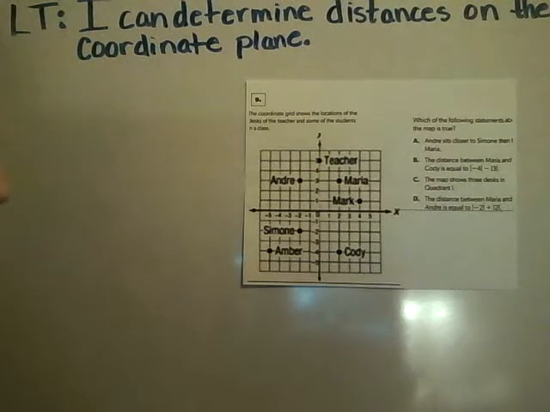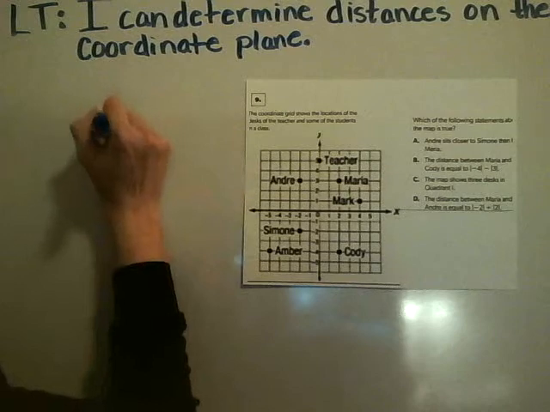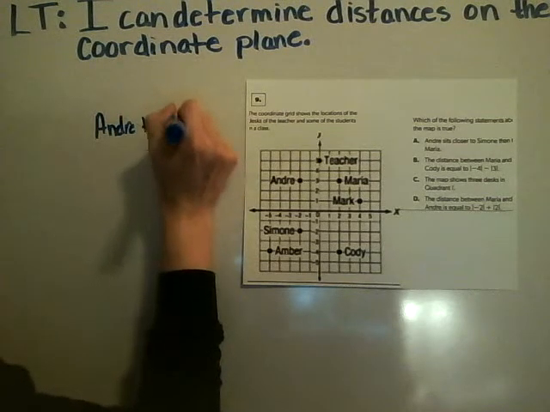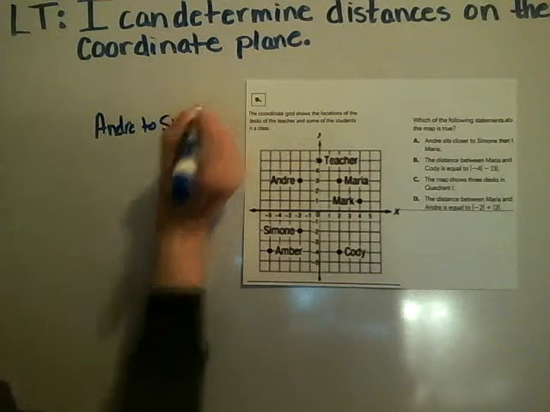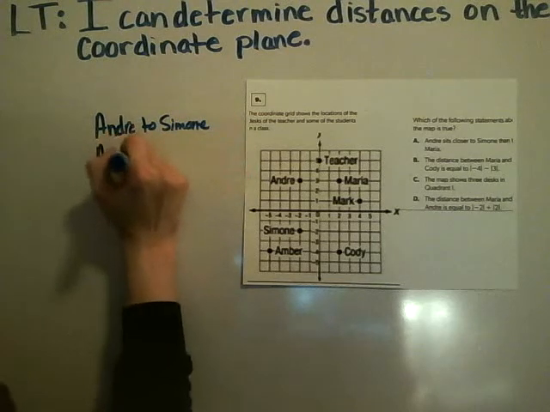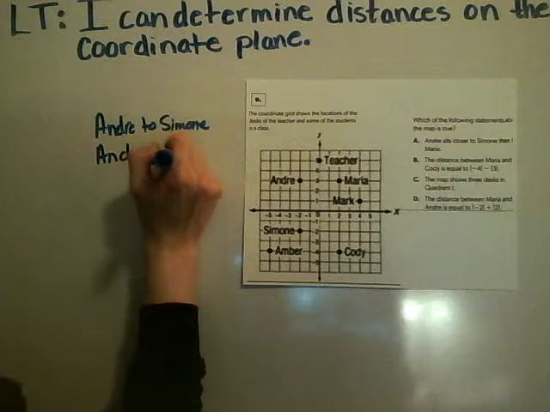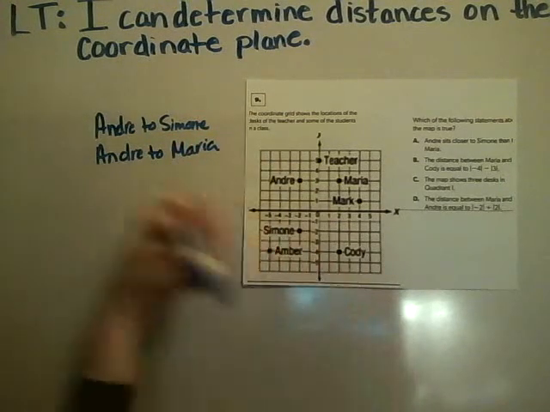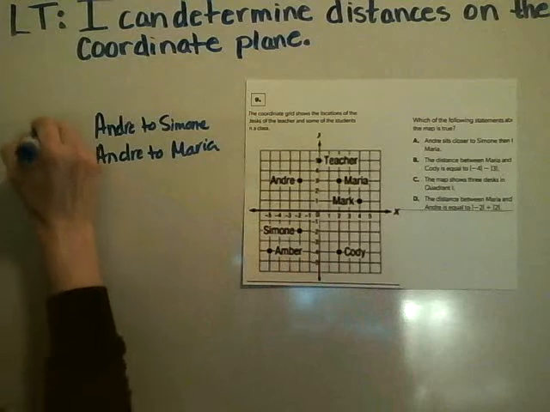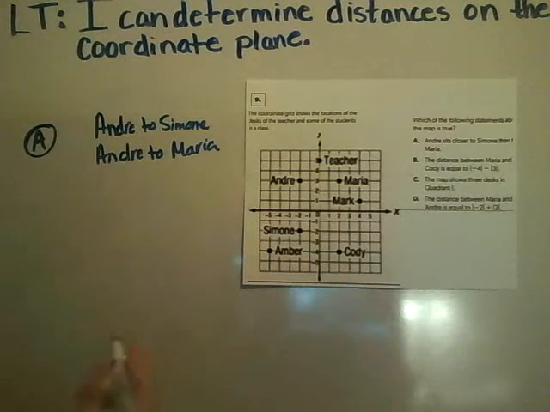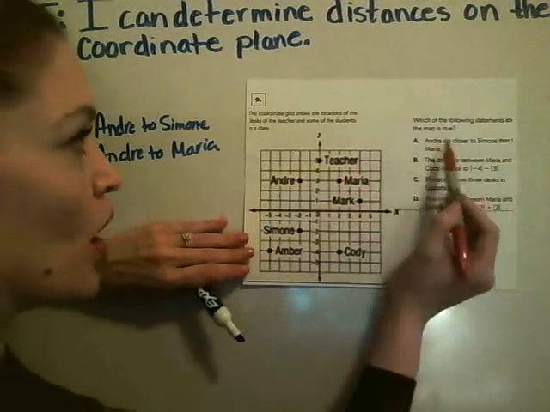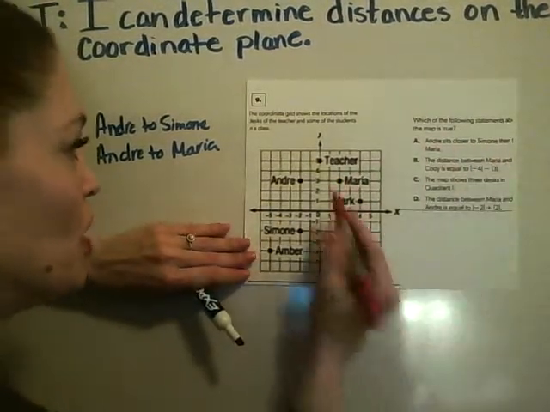So we're looking at Andre to Simone, and we're going to compare Andre to Maria. We're going to see if that's true or not. Okay, this is A. Andre is closer to Simone than to Maria.